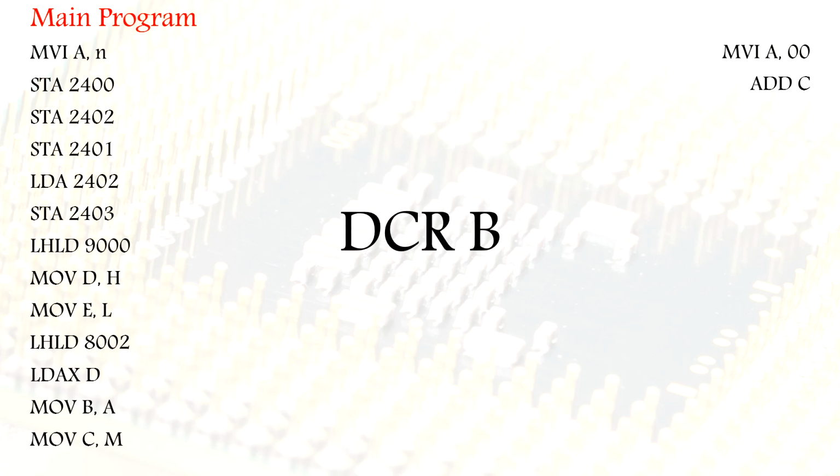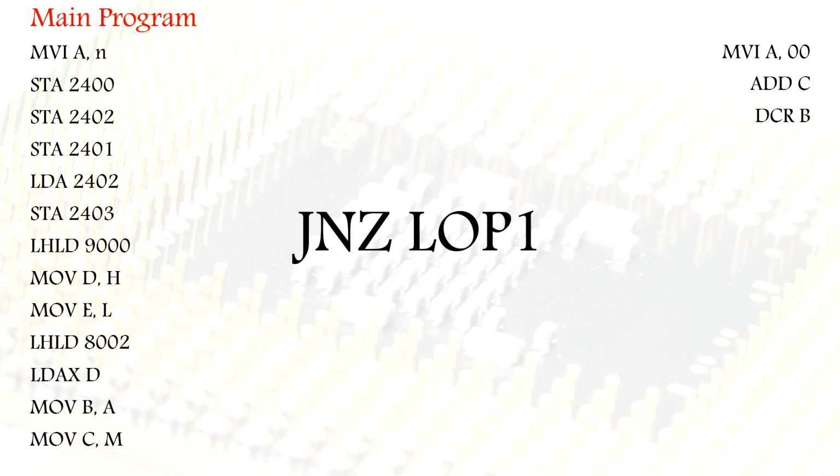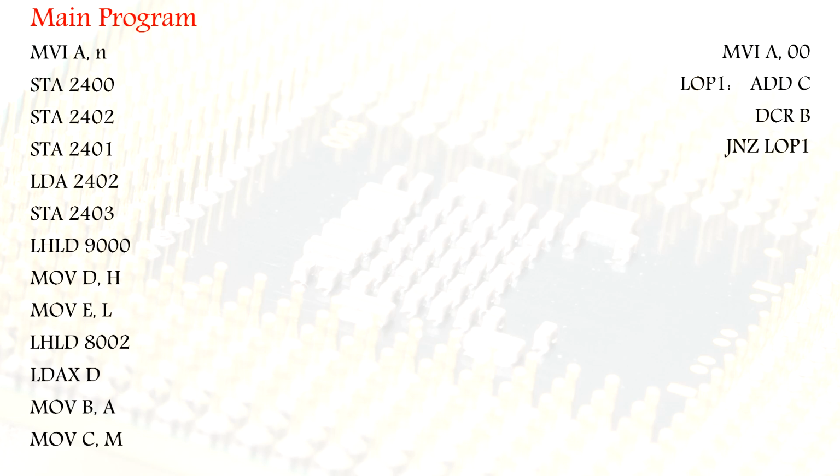The next few instructions are simply the program that we write for multiplication: MVI A, 00, ADD C, decrement B, JNZ loop 1, where loop 1 is pointing towards the address of ADD C. So this will simply add the contents of 2501 and 4501 in the first instance, which are being multiplied with each other.